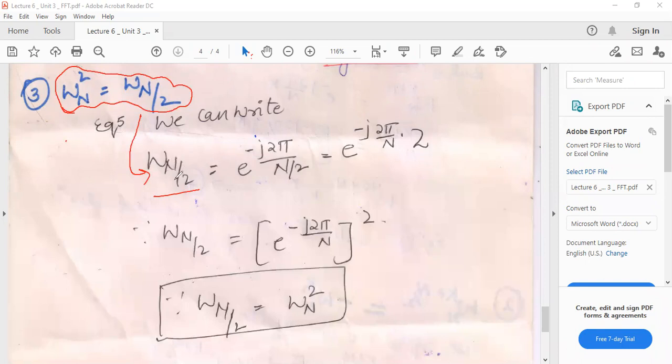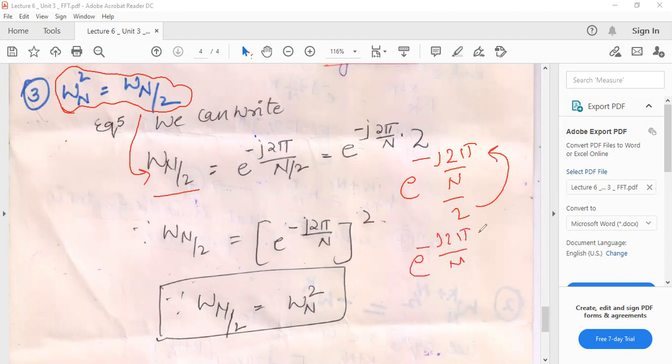So the Twiddle factor is taken for half of the N points. Now simplifying this equation, you get e raised to the power minus j 2π by N by 2. So this 2 will go up and it will become e^(-j2π/N) into 2. So this particular part is equal to W_N square, and this is what we have. So these Twiddle factors are basically used.